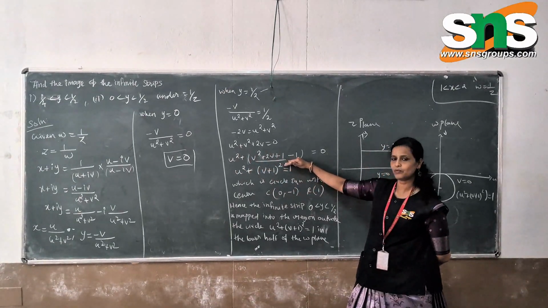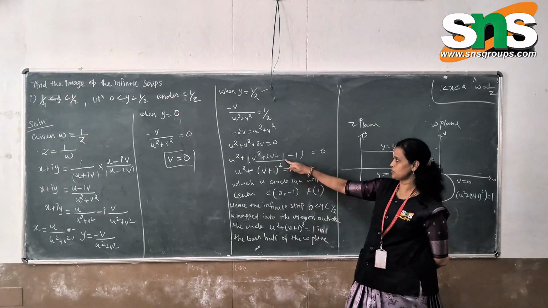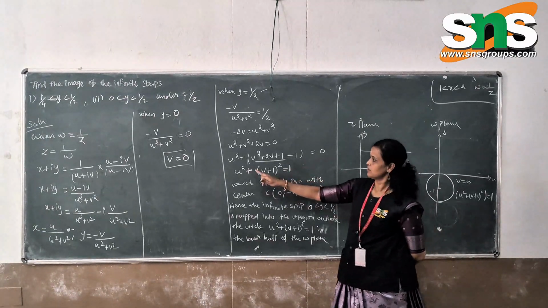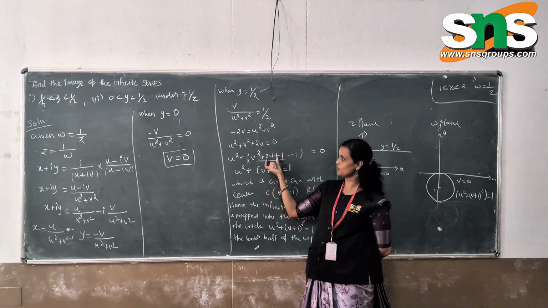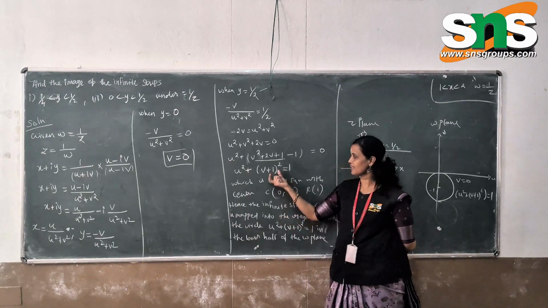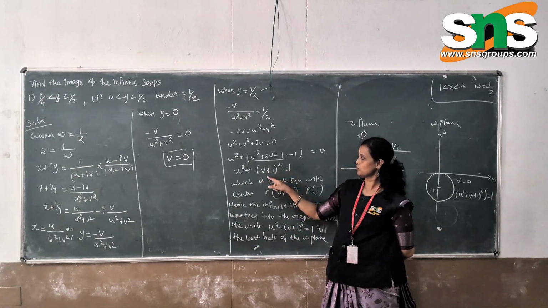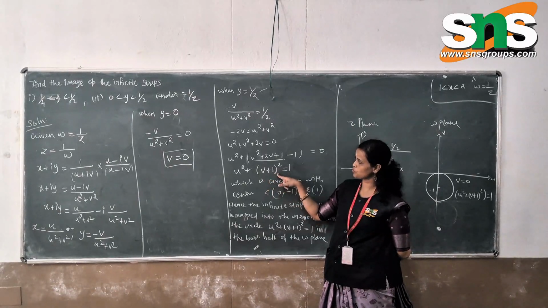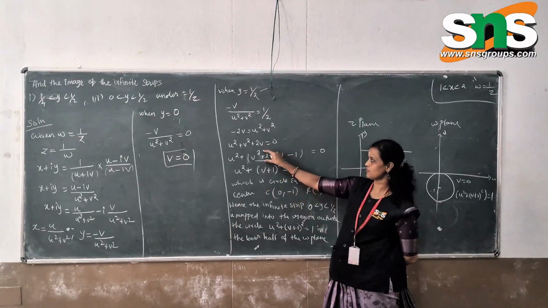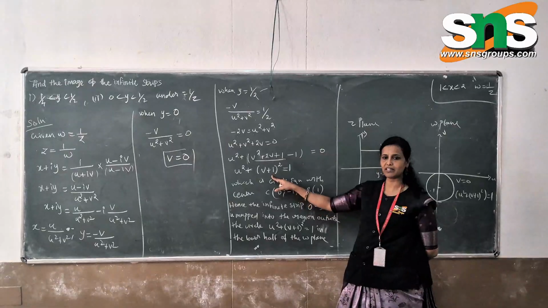In this step, we will add and subtract 1, plus 1 and minus 1. So instead of v² + 2v + 1, we can write (v + 1)², giving u² + (v + 1)² = 1. This is nothing but v² + 2v + 1, so instead of these three terms we can write (v + 1)².